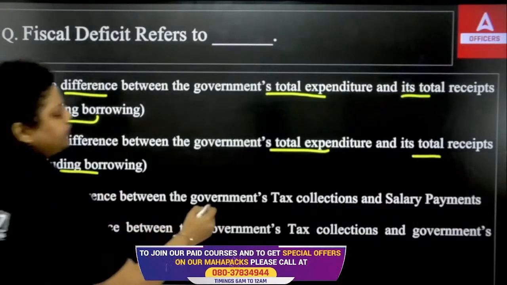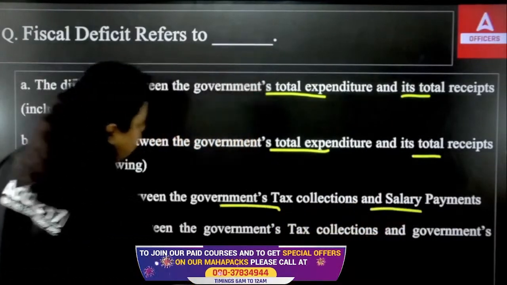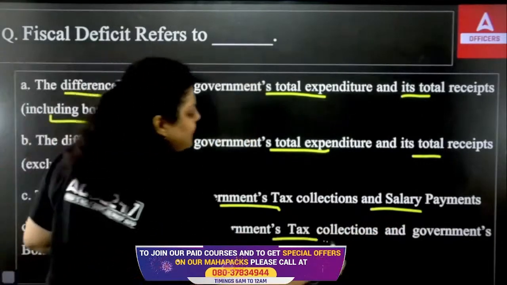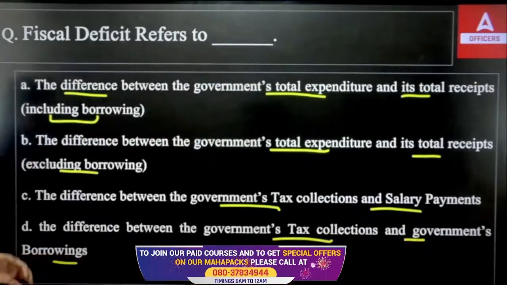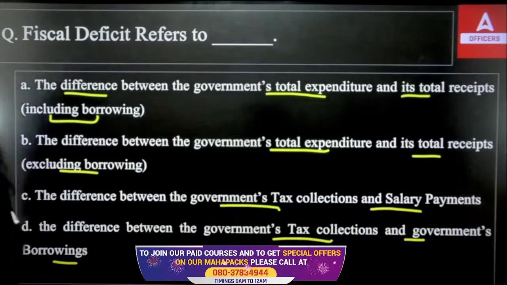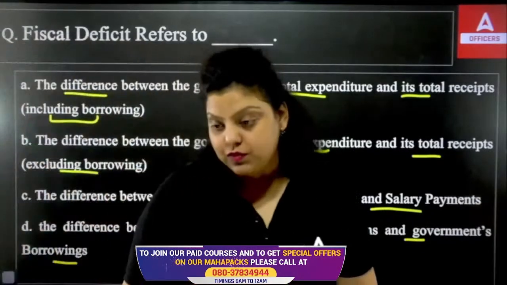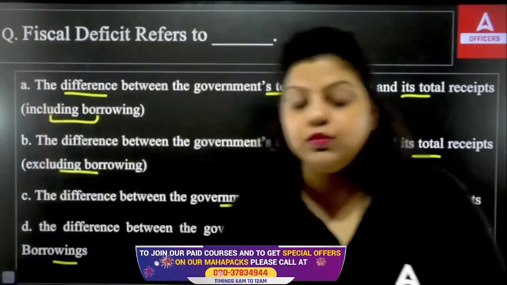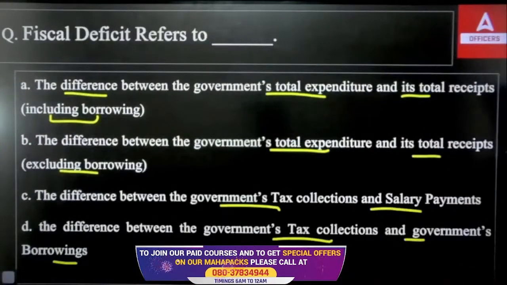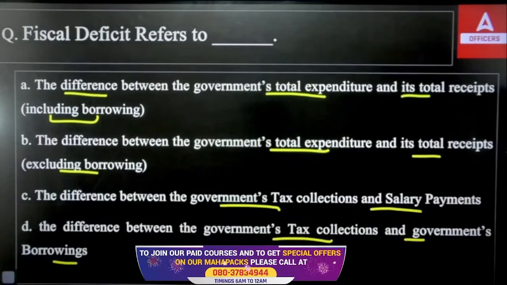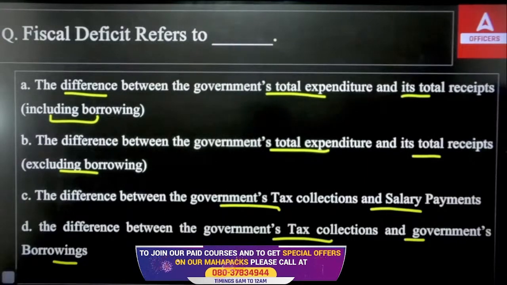Third, the difference between the government's tax collection and salary payment. Fourth, the difference between the government's tax collection and government borrowing. So which of the following is the fiscal deficit? Let me know which is correct: A, B, C or D.